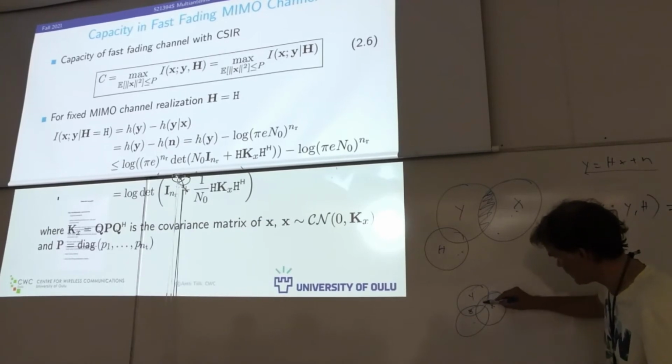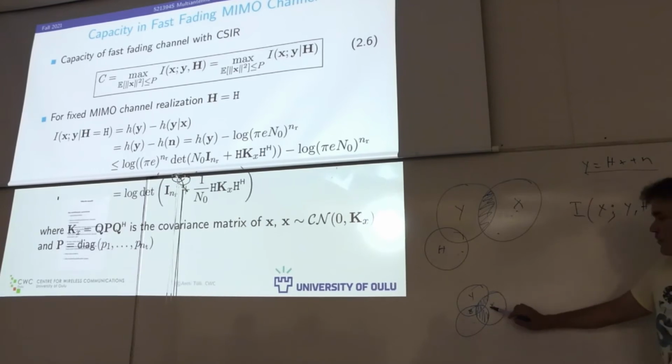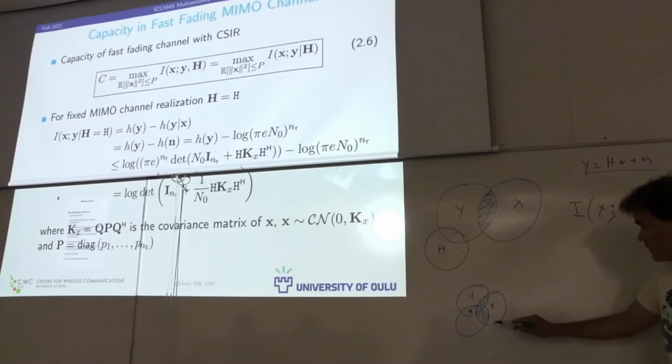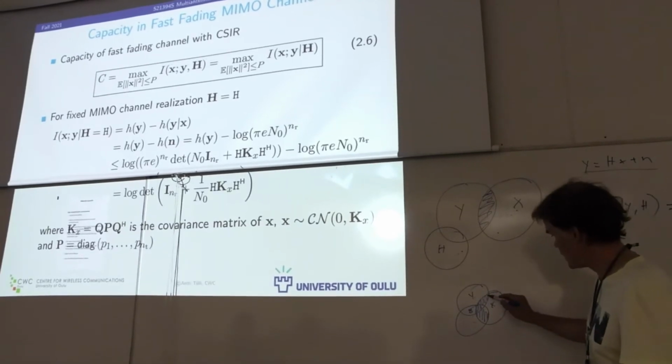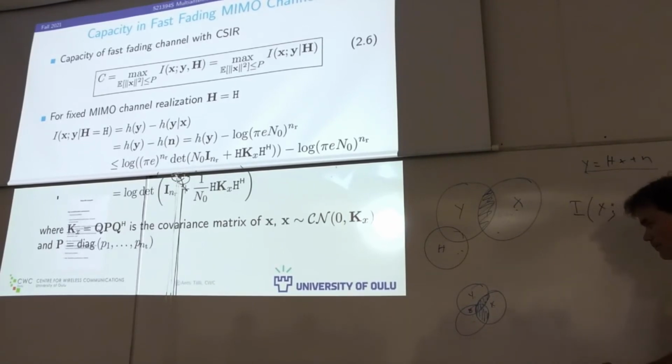And we want to find what would be the mutual information between X and the joint distribution of Y and Z. We can draw it like this, and we can further split this into two parts by using the chain rule of mutual information.